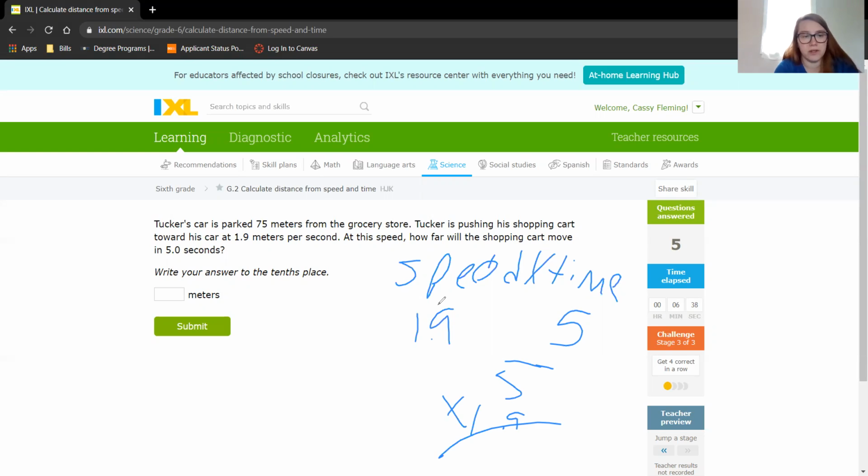The reason we don't need this information about where his car is parked is because it already tells us the total distance, but it wants to know how far he went at that speed for that amount of time. So we need to do 1.9.